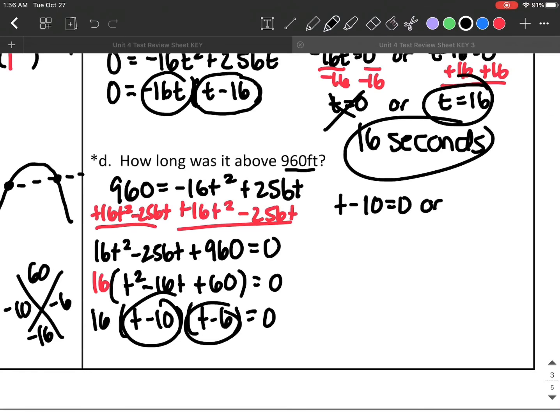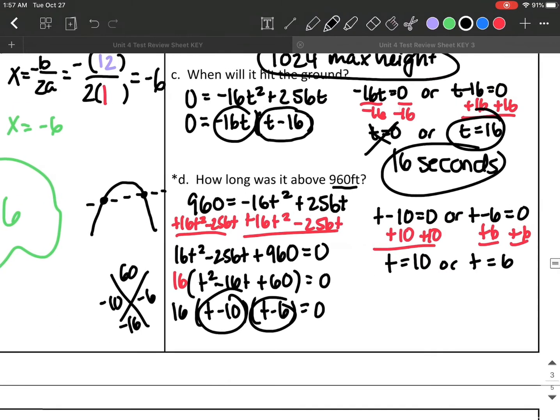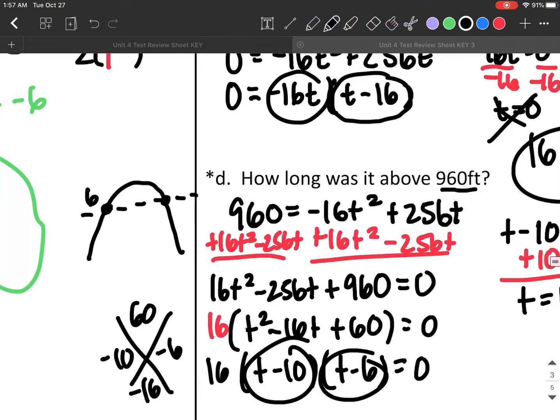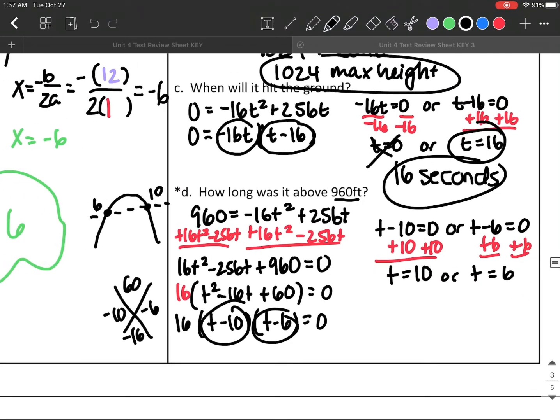So t minus 10 is equal to 0 or t minus 6 is equal to 0. I add 10 on both sides here, add 6 on both sides here, and I find that t is either equal to 10 or t is equal to 6. So that means that t was 6 here and 10 here. How many seconds have passed in between those two times? The amount of time in between is 4 seconds. So the answer is 4 seconds.